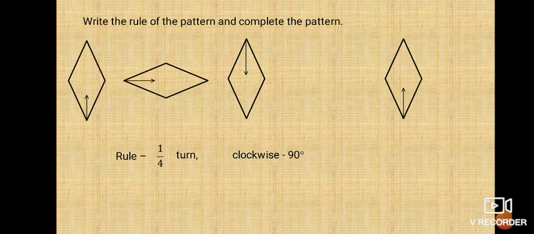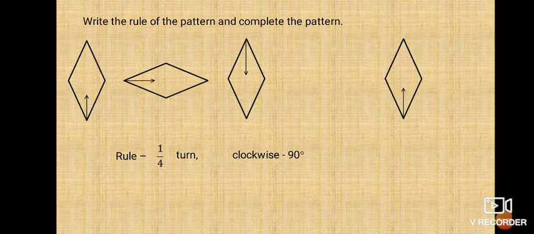Now observe the first figure. See, where is the arrow? The arrow is at the bottom side. Then it has moved up, and then in the third figure it has again moved up.